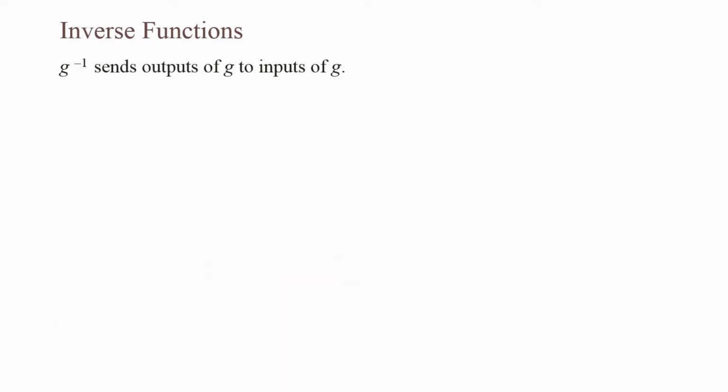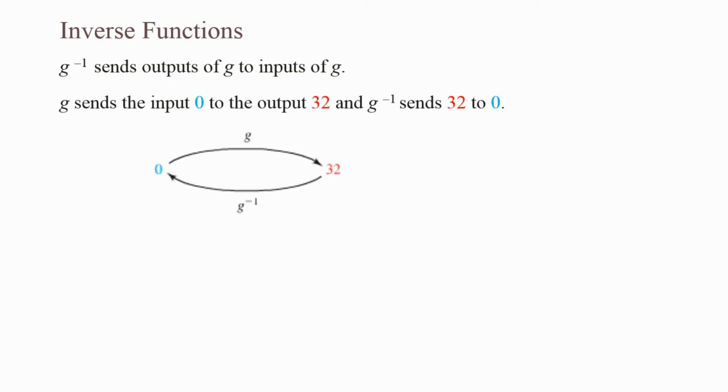G inverse sends the outputs of g to the inputs of g. G sends the input 0 to the output 32, and g inverse sends 32 to 0. g of 0 equals 32, and g inverse of 32 equals 0.